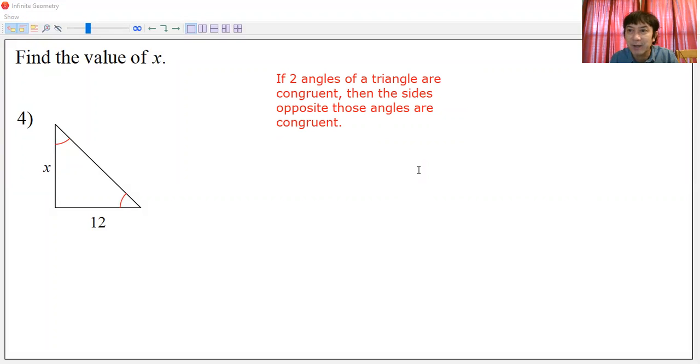The converse of that is also true: if two sides of a triangle measure the same, or are congruent, then the angles opposite those sides are also equal in measure, or congruent. That's the converse of the statement we have on the screen. So for this particular number, the value of x here is also 12. So side x is equal to 12 units.